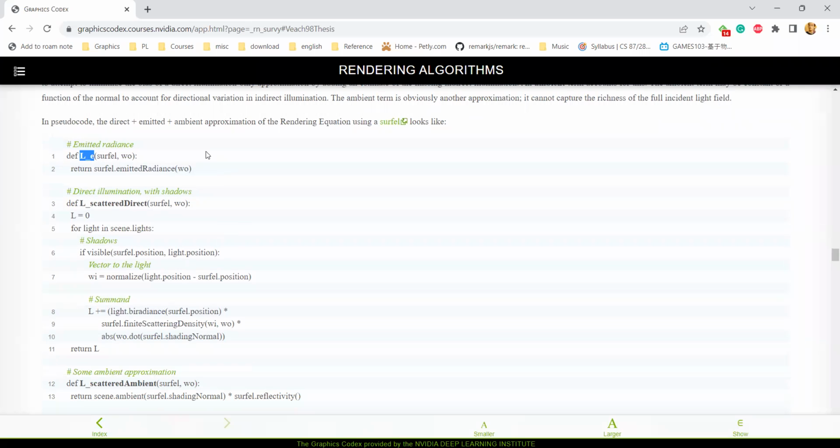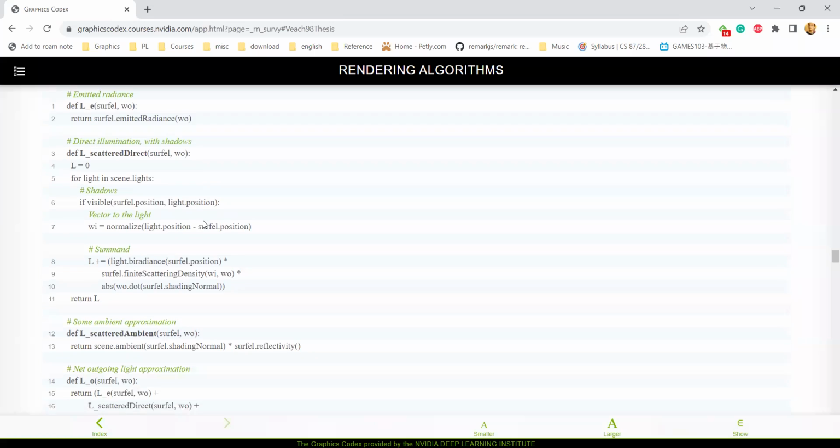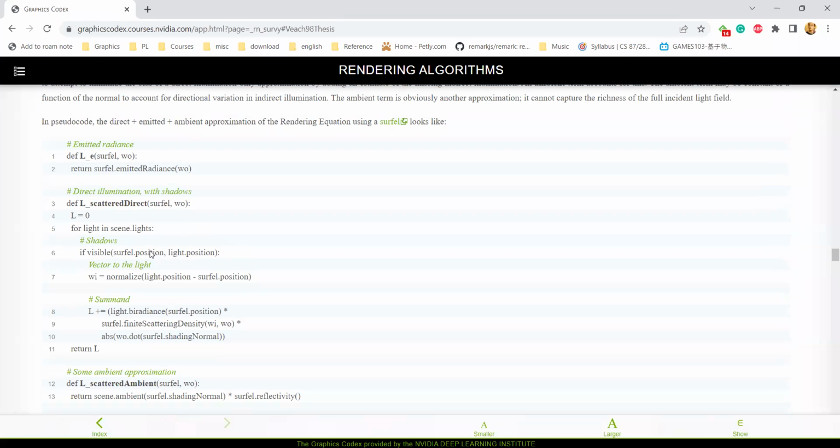LE is emitted radiance, and we just have a for loop, and if this light is visible, we add its contribution. So it is still different from shader one because we somehow know how to calculate shadows.